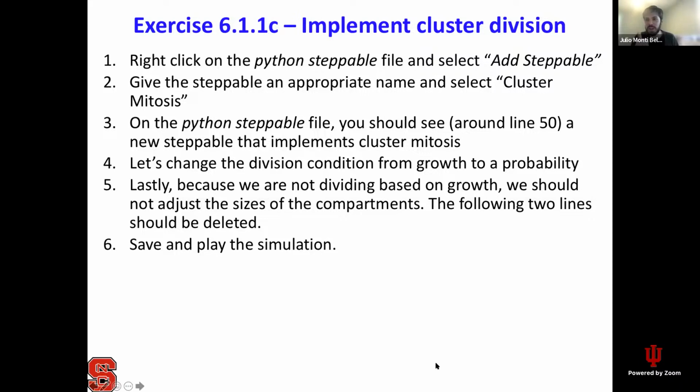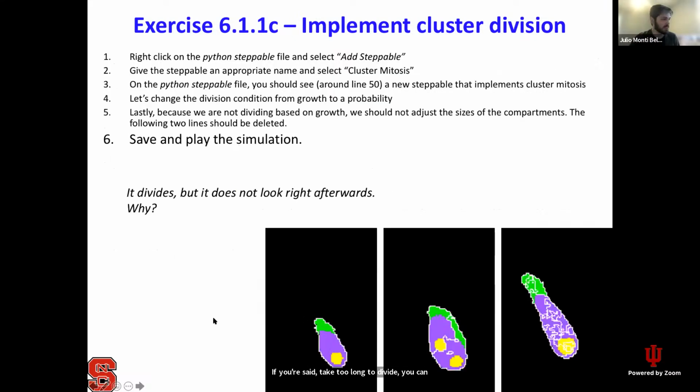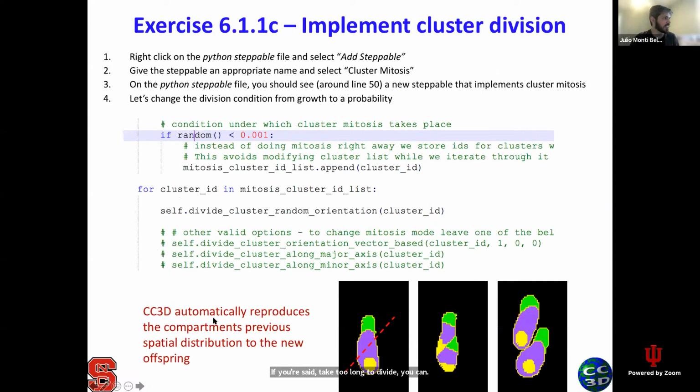So, did you guys get the subdivision to work? If your cells take too long to divide, you can go back and change that to a higher value so they divide. It stops immediately. Uh-oh.